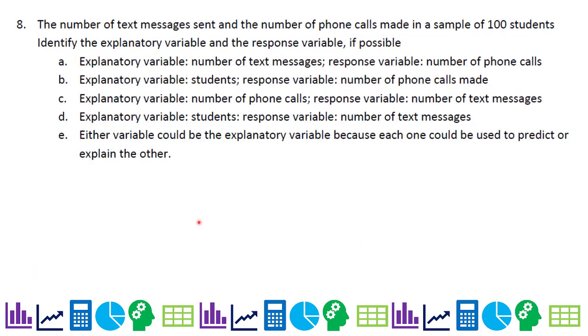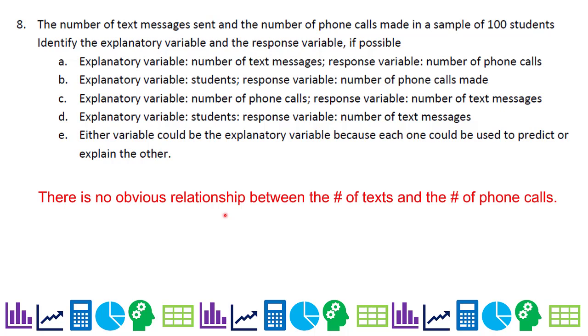Number 8. The number of text messages sent and the number of phone calls made in a sample of 100 students. They want us to identify the explanatory variable and the response variable if possible. Well, for me, there's no obvious relationship between the number of texts and the number of phone calls. I don't know which one would explain the other.